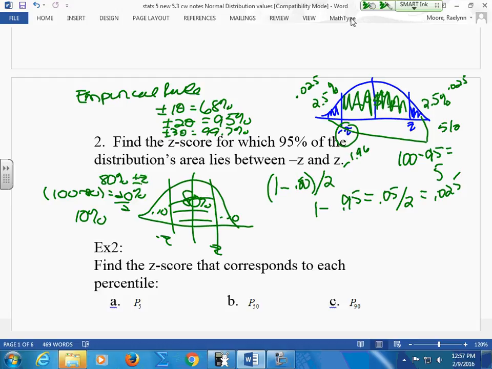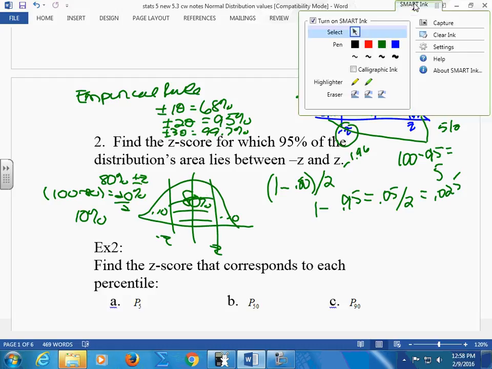And I'll put that in my argument. Whenever it says 80% and lies between, take the decimal, subtract it, and then divide by 2.